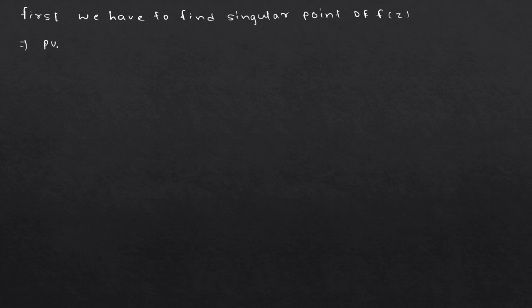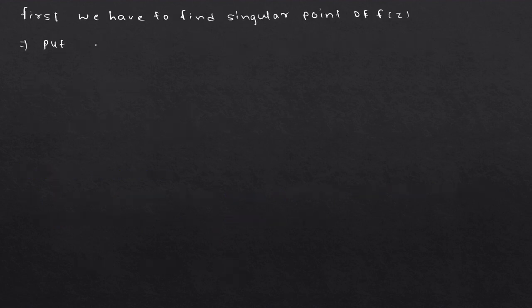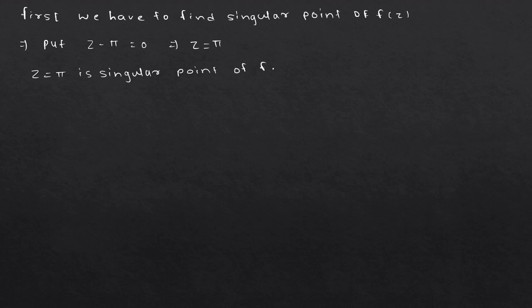So how to find this singular point of f of z? Just put the denominator part equal to 0. And what is the denominator? z minus pi is equal to 0. So z is equal to pi. Now, singular points are those points at which my function is not analytic. Correct. Okay. So z is equal to pi is the singular point of f of z.